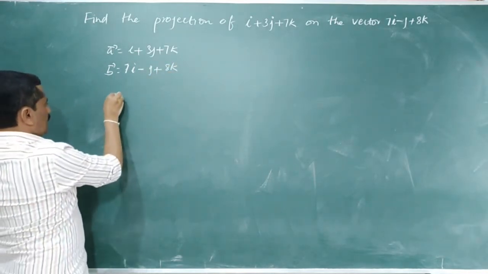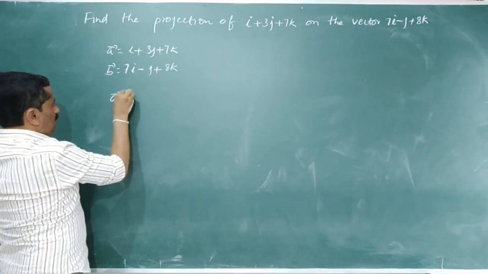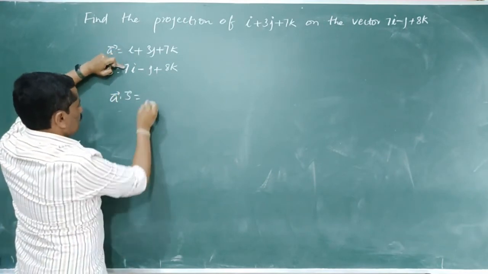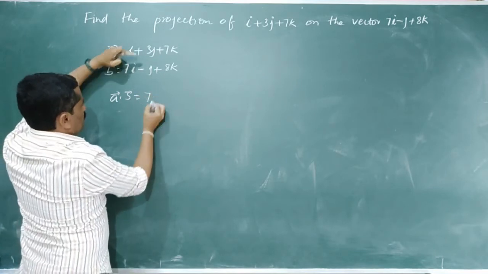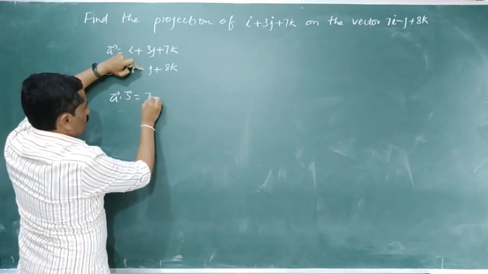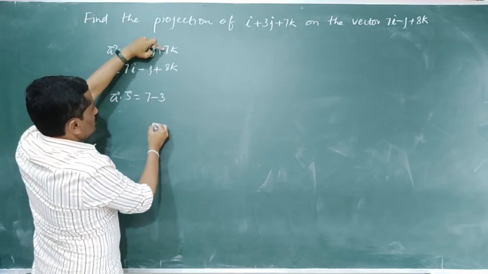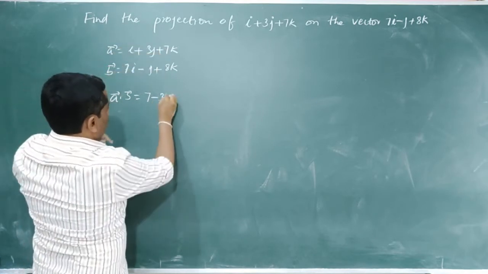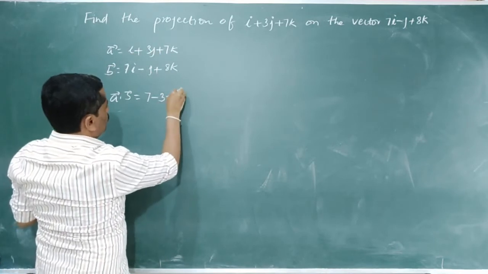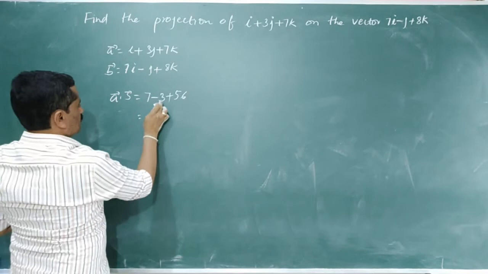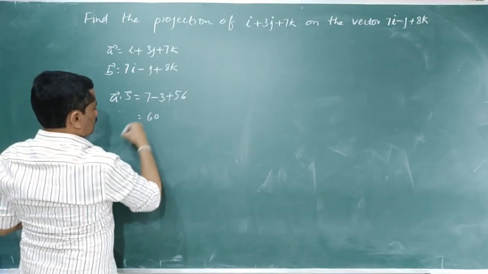So we need to find a bar dot b bar. A bar dot b bar is equal to 1 into 7, we have 7. Again 3 into minus 1, we have minus 3. Again 7 into 8, we have 56. Again that is equal to 7 minus 3 is 4, plus 56, we have 60.